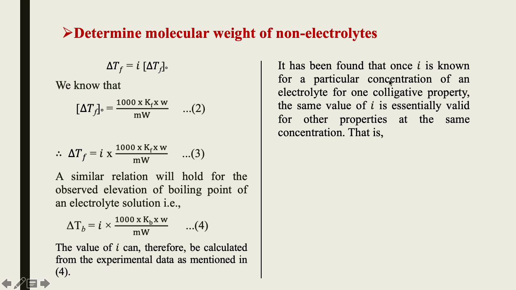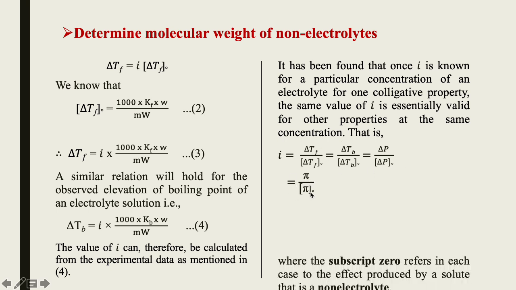It has been found that once i is known for a particular concentration of an electrolyte for one colligative property, the same value of i is essentially valid for the other properties at the same concentration. So iota is equal to delta TF divided by delta TF naught. This is equally valid for delta TB divided by delta TB naught, and that is always equal to delta P divided by delta P naught, and for all these equations you will get the final answer pi by pi naught.